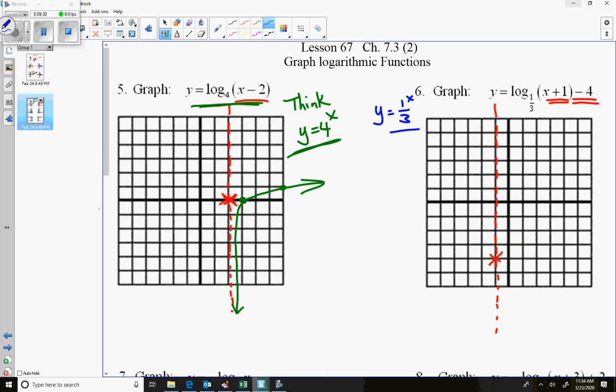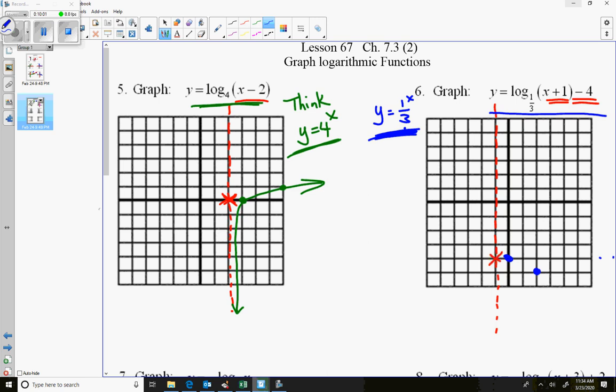Instead of going through the point 0, 1, we're going to go through the point 1, 0. Next point my exponential would go through would be negative 1, 3. This one would go through the point 3, negative 1. Again, make sure you count from the x. Next one would be negative 2, 9 here, which makes the log graph 9, negative 2.